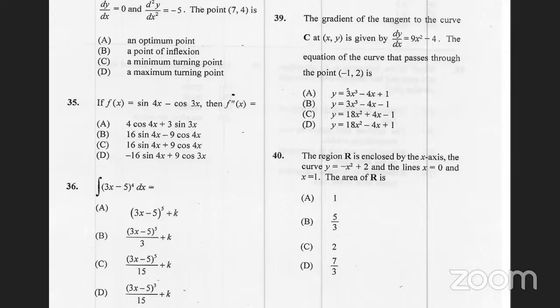The region R is enclosed by the x-axis and that curve. So they want to find the area. So they want you to integrate between 1 and 0 of minus x squared plus 2 with respect to x, right? So when you integrate this, you'll get minus x cubed on 3 plus 2x, right?